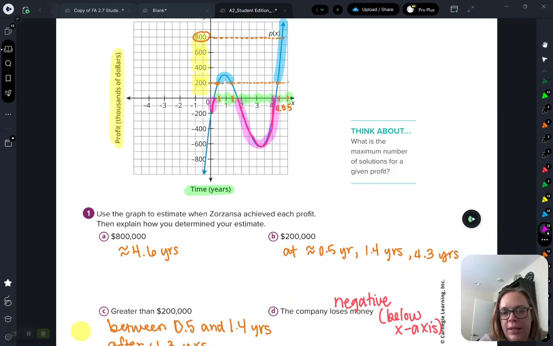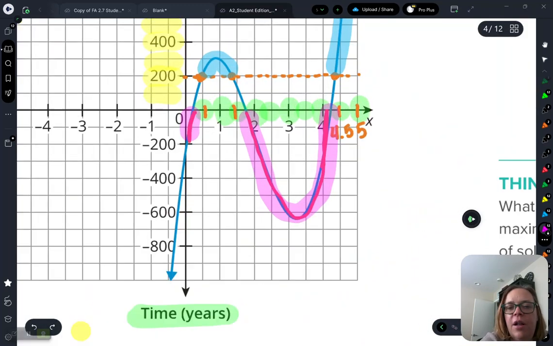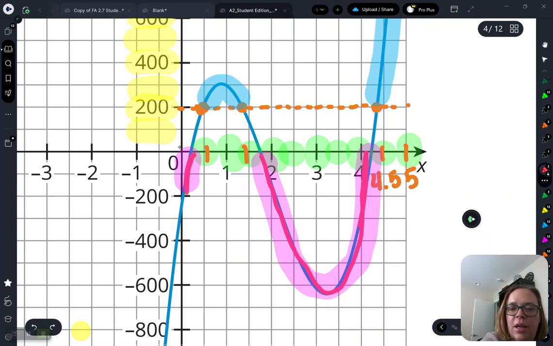So like kind of between 0 and a quarter of a year, I guess that would be, because the next line would be half. So I'm saying between, so this is like 0, this is like a quarter of a year because this is half.